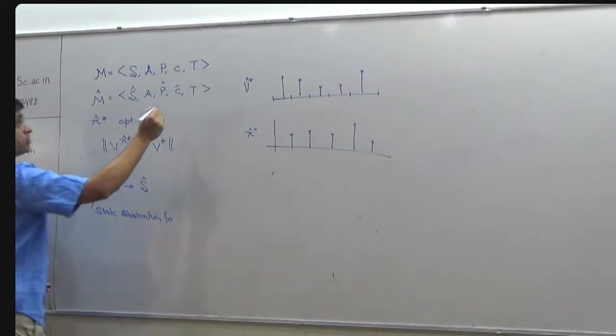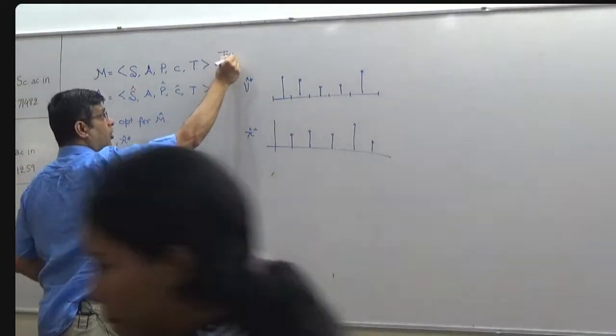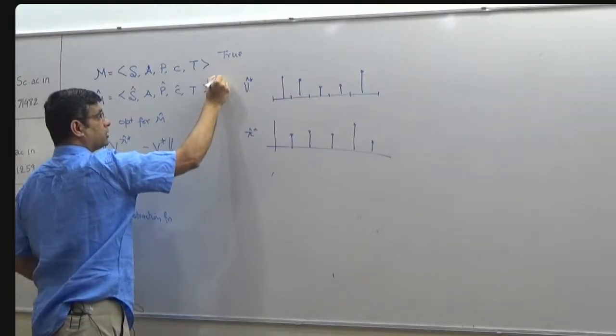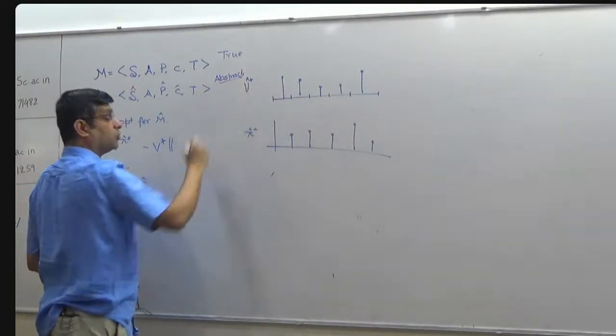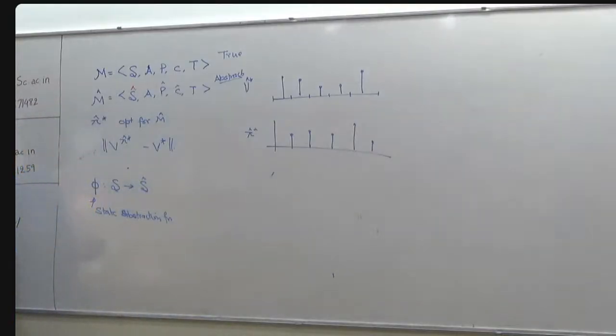In general, I will call this the true model, and this the abstract model. This does not necessarily need to be an approximation. I am just looking at some different model, solving things in this model and translating this back.